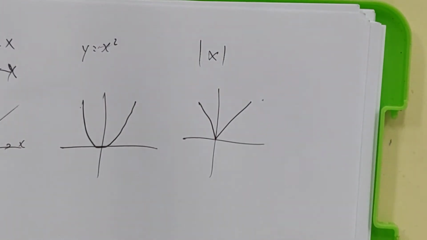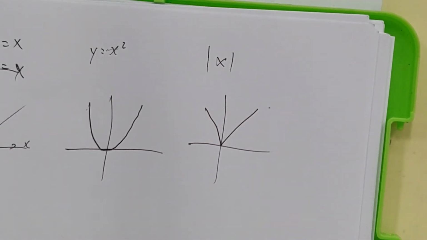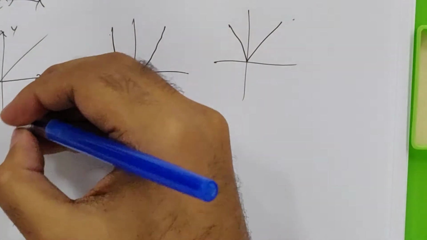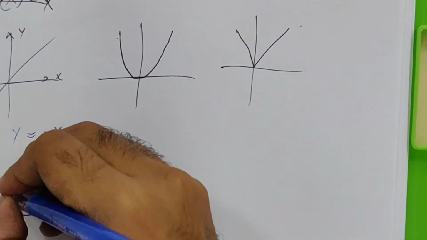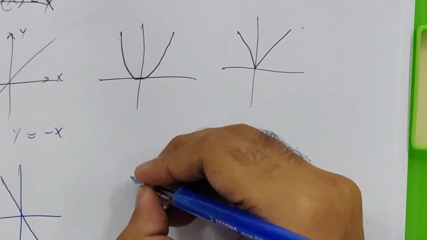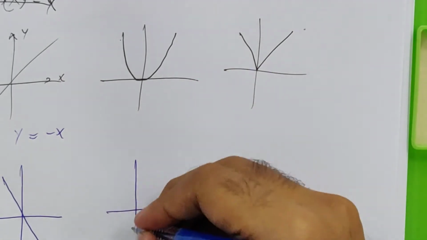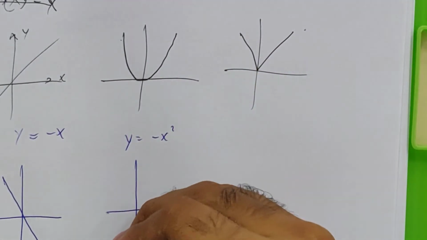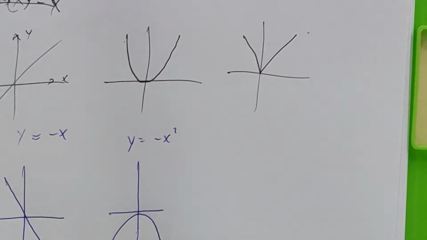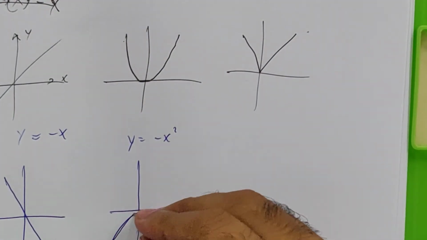Now what about if I add negative to the graph? If I add negative, mostly they'll turn upside down. Should be touching.